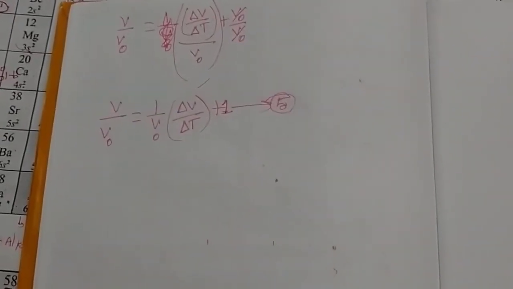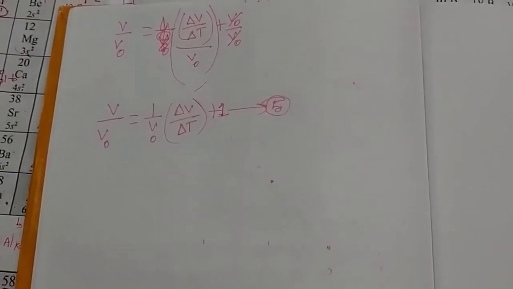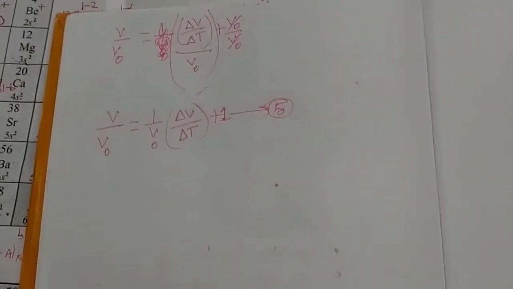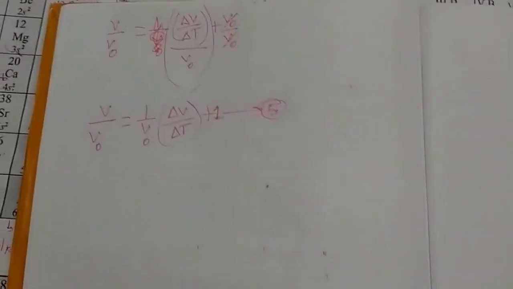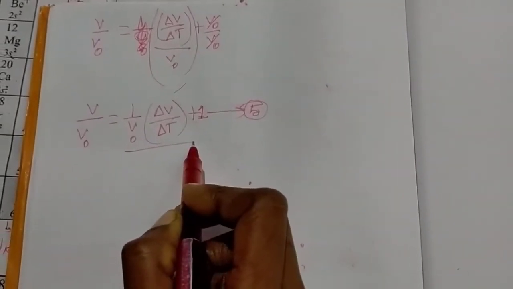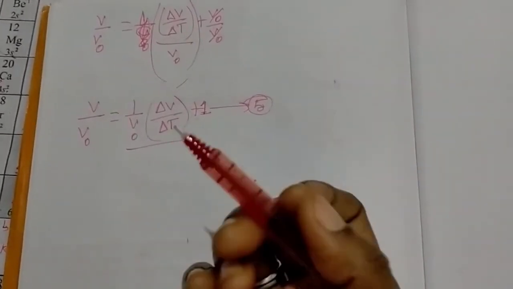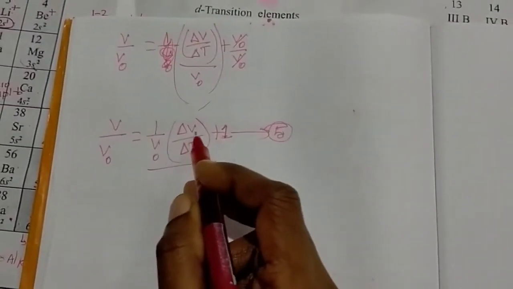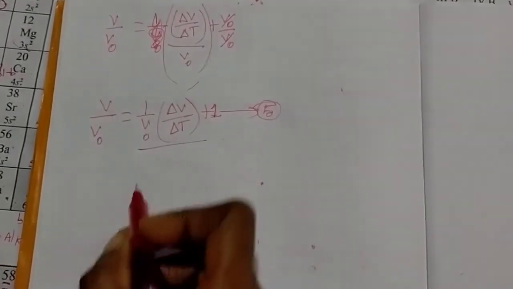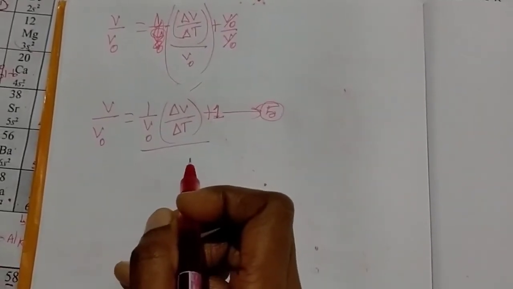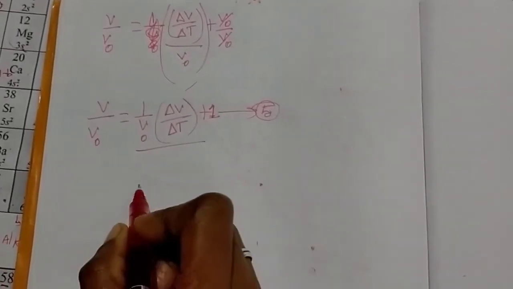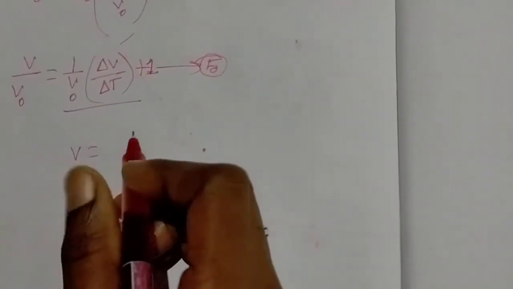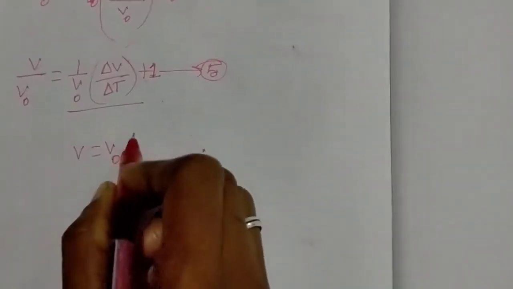So the relative increase in volume per degree Celsius is directly proportional, that means it is equal to 1 by V0 into delta V divided by delta T. So V is equal to V0.